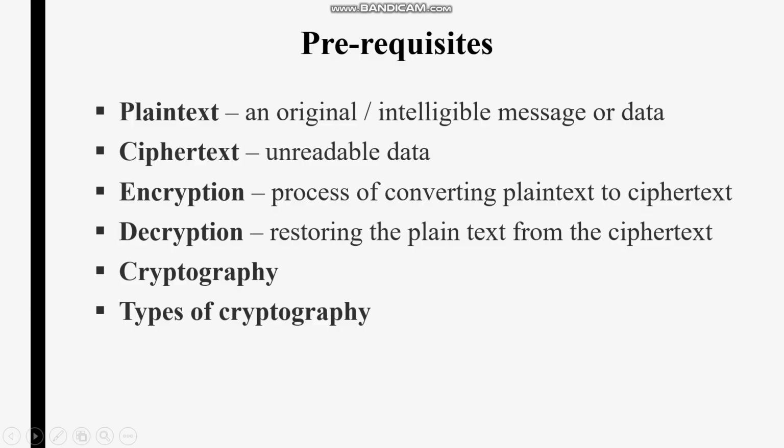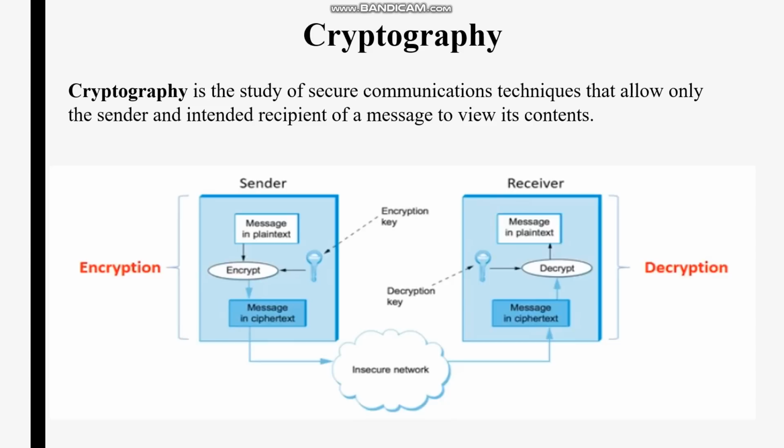So all this comes under cryptography. Now we also need to understand what cryptography is and what the types of cryptography are. Cryptography is derived from Greek, where crypto means secret and graphy means writing. So it's the art and science of secret writing.